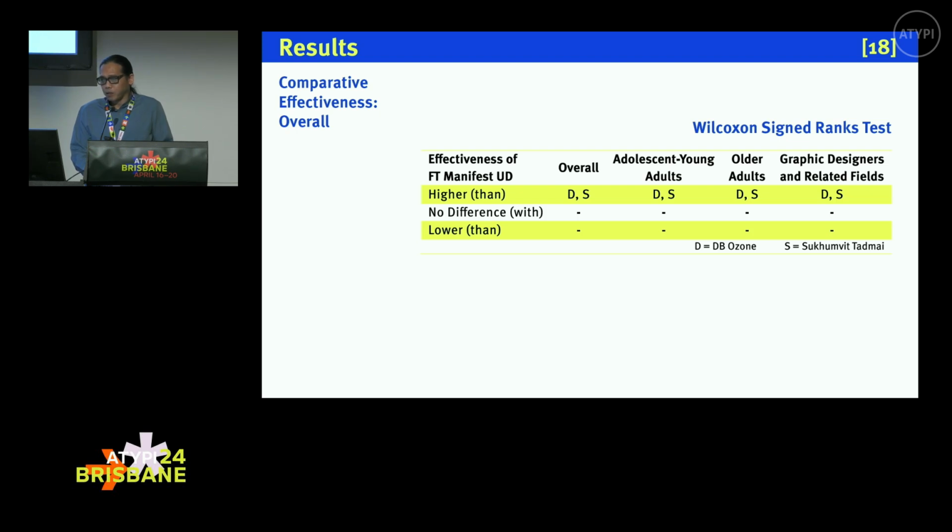The test reviews that the effectiveness of FT Manifest UD is higher than the two Roman light typefaces, including amongst adolescent-young adults, older adults, and graphic designer and related fields.